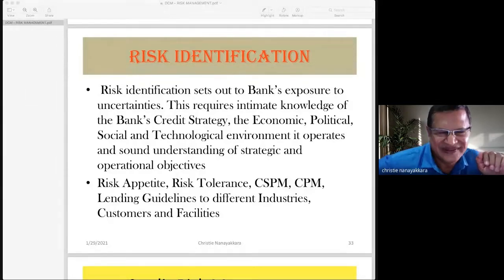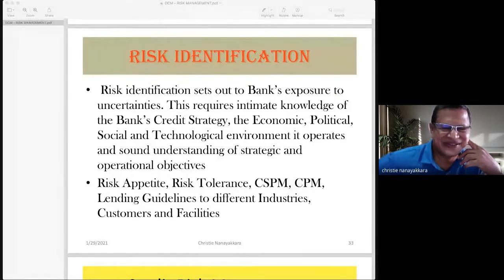Whereas if you are in the risk management unit, you also need to know what the bank's credit strategy is. That means which type of industries or products the bank is more efficient or advantageous to lend to.